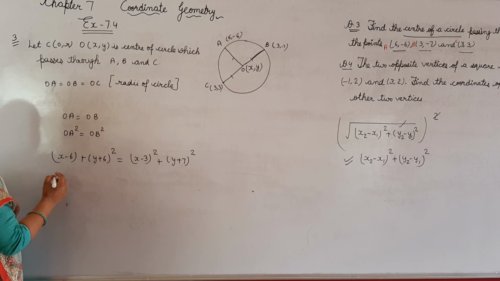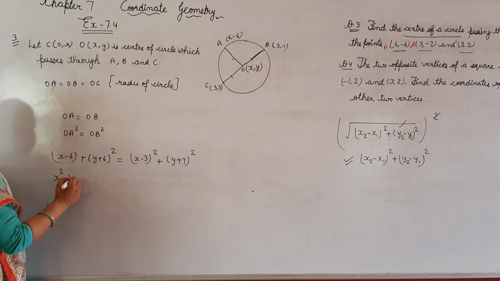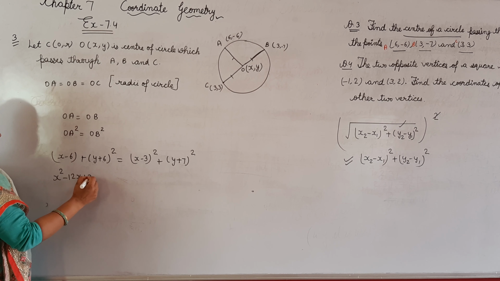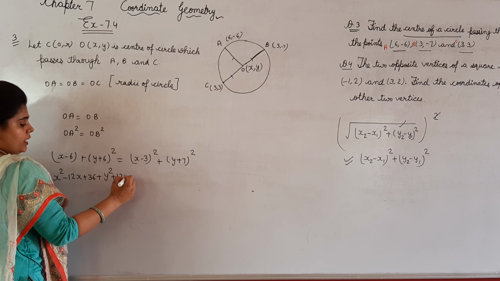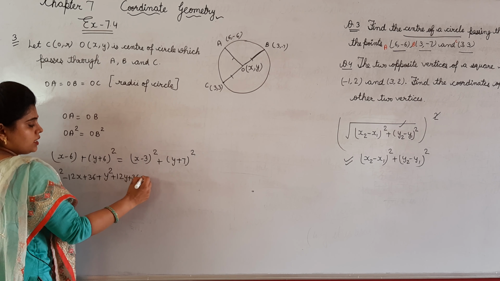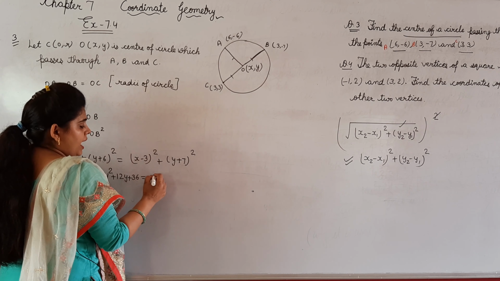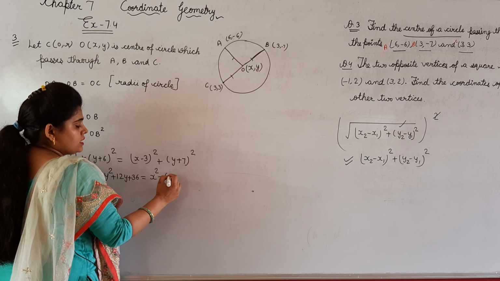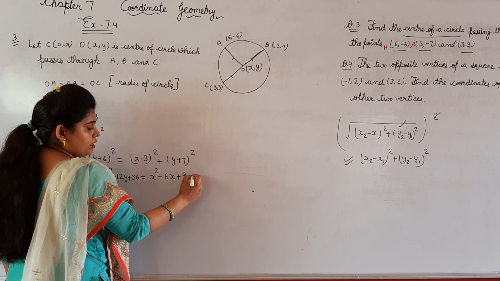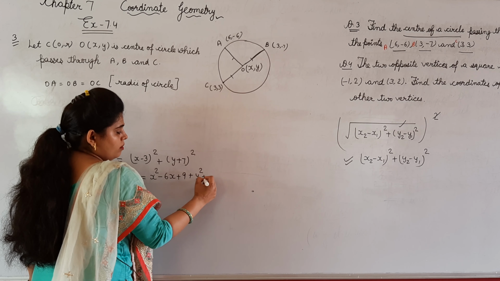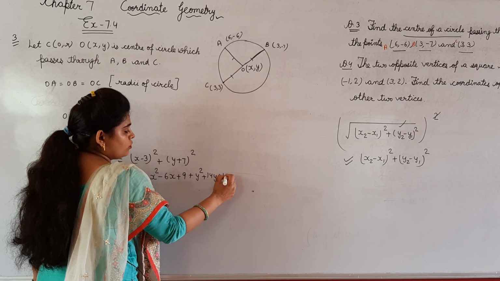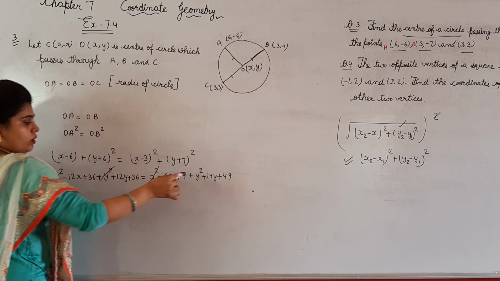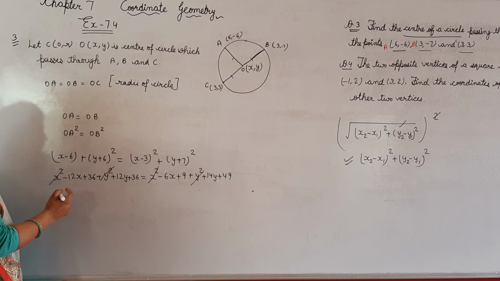Then x square minus 12x plus 36 plus y square plus 12y plus 36, and it is equal to x square minus 6x plus 9 plus y square plus 14y plus 49. What we will do? Cancelling x square, y square, y square. What is left here?